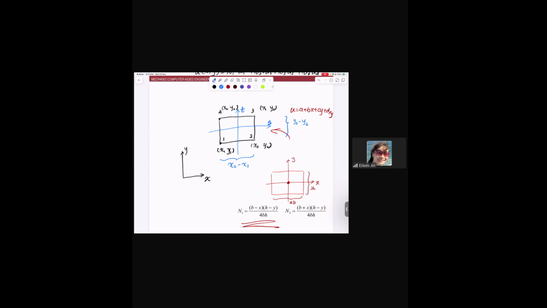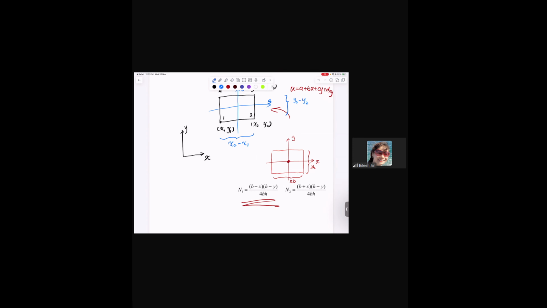Okay, now, in that case, if we let 2b equal to x2 minus x1, and 2h equal to y3 minus y2, then b equal to half of this and h equal to half of that. Then we can substitute b and h into this equation, right?